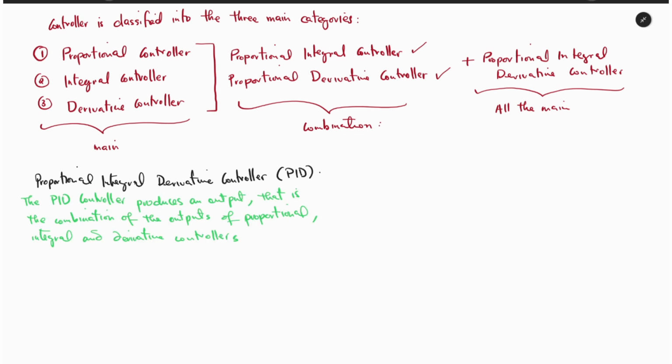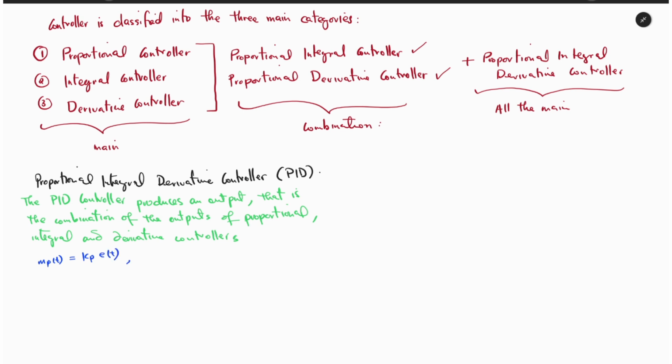The PID controller is defined as the controller which produces an output that is the combination of the output of the proportional controller, integral controller, and the derivative controller. To summarize, for the proportional controller, we previously said that MP(t) equals KP e(t).